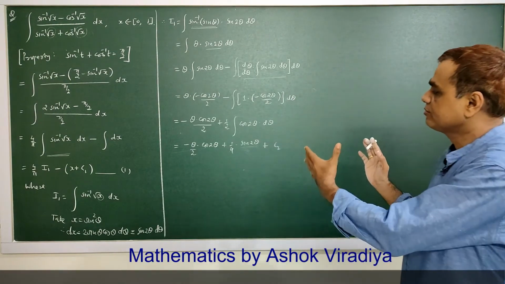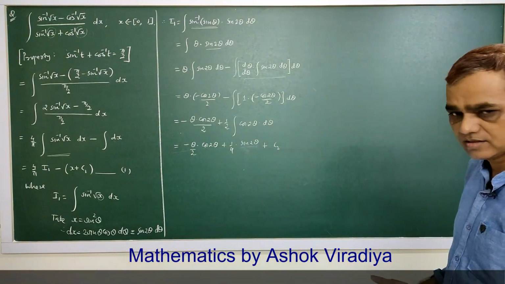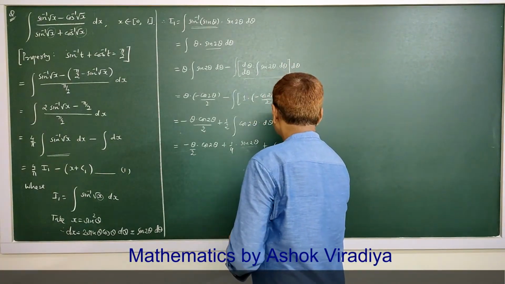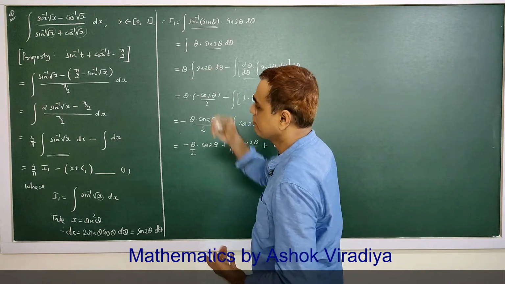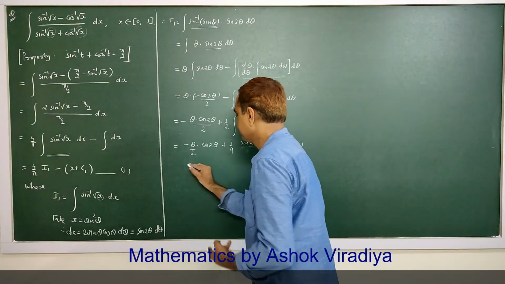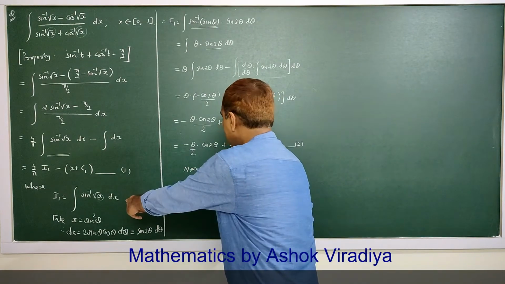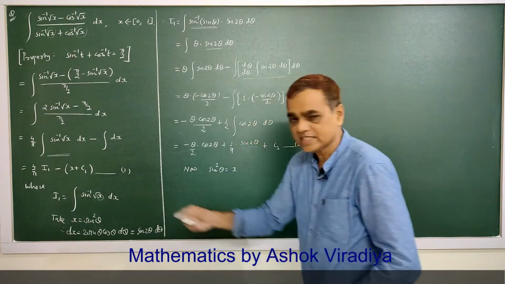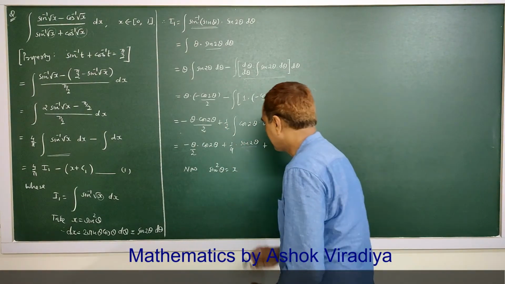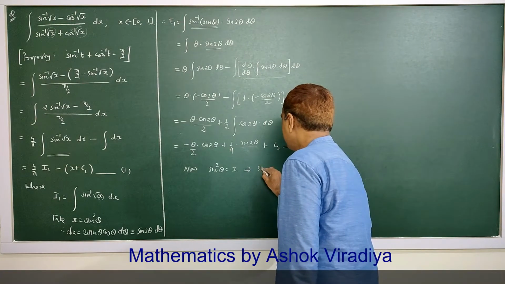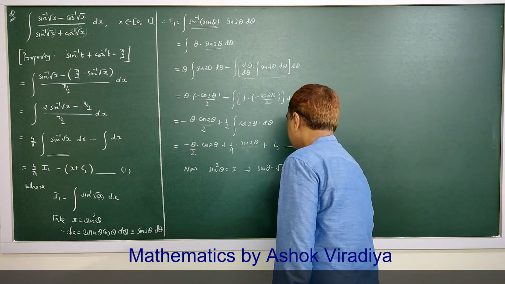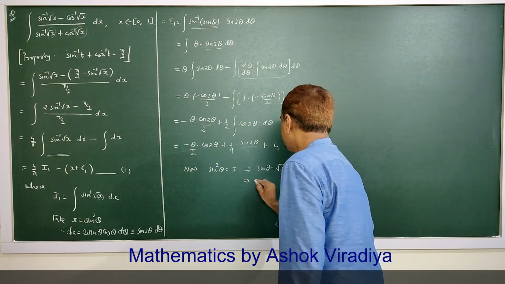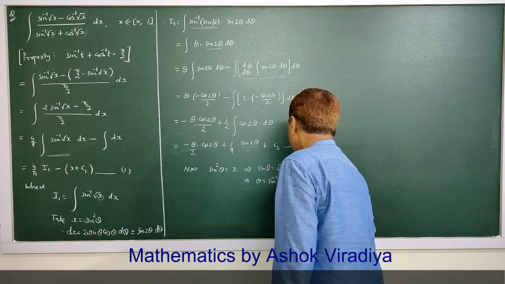Now this is in terms of theta, and we are coming back to x. Look here, this is result 2, the value of I1. Now see, sine square theta is x, and we will require theta, so sine theta is root x, so theta we shall replace by sine inverse root x.